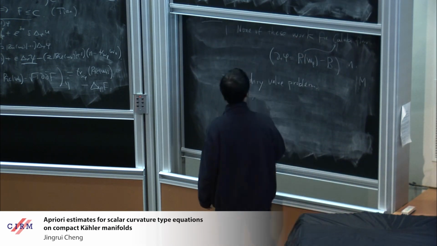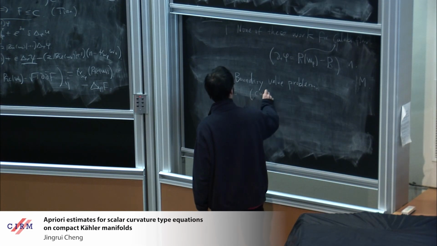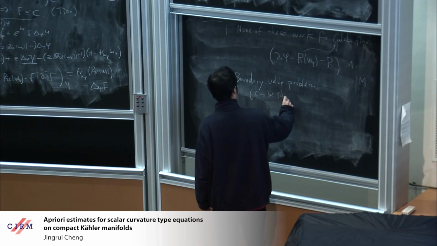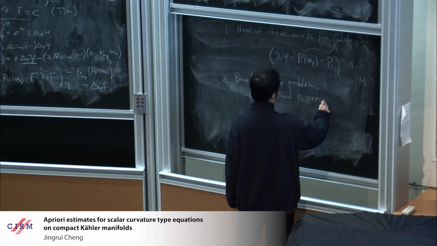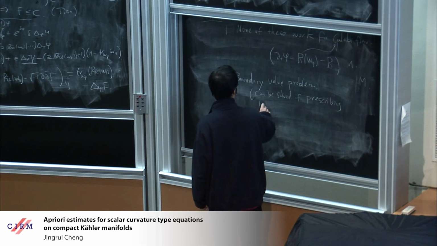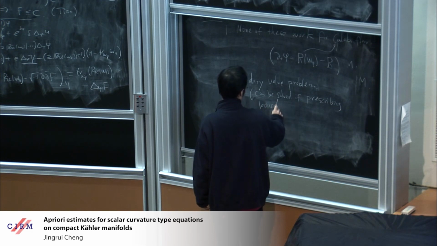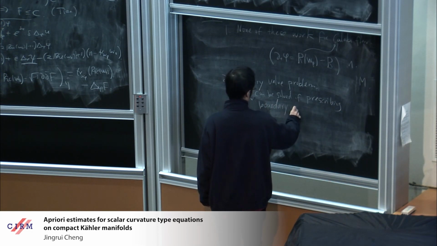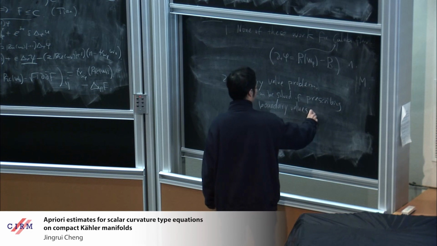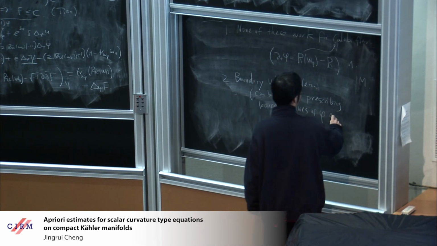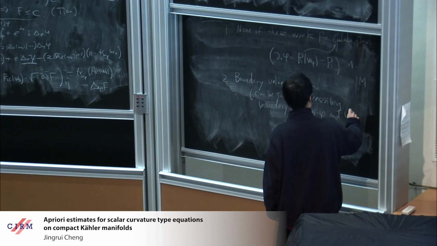So the boundary value problem can be solved if you prescribe boundary values for the Kähler potential and volume ratio on the boundary.